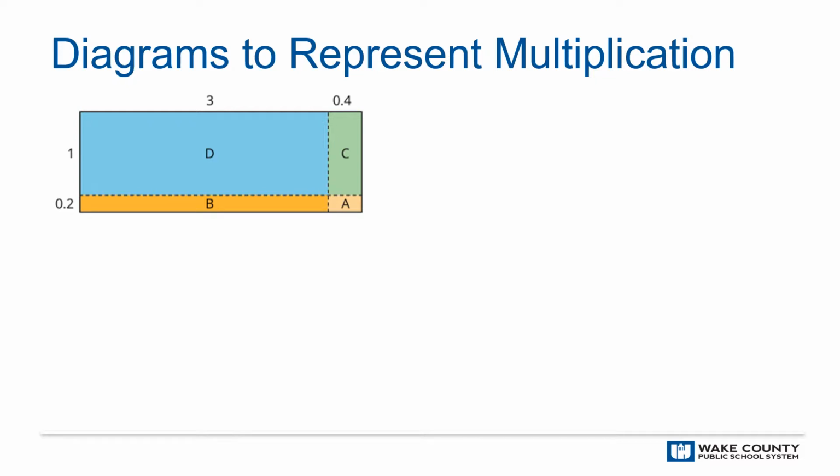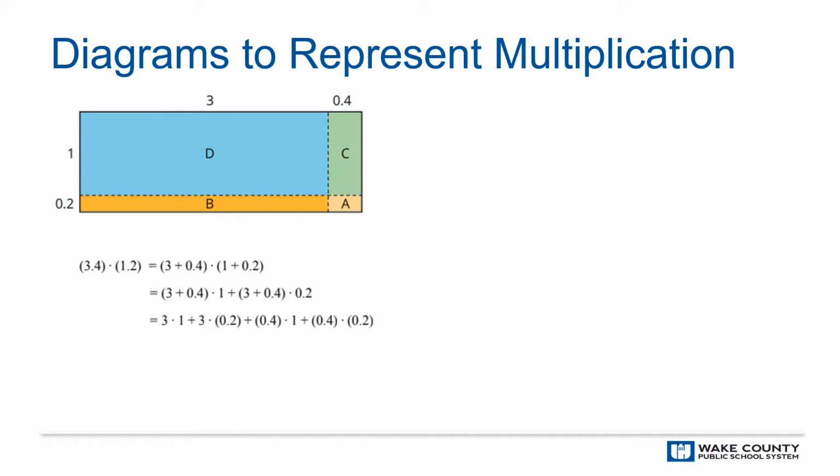3 4/10, the 4/10 equals 3 plus 0, and 1 2/10, the 2/10 equals 1 plus 0, decomposing the rectangle into 4 smaller sub-rectangles. We can rewrite the product and expand it twice.